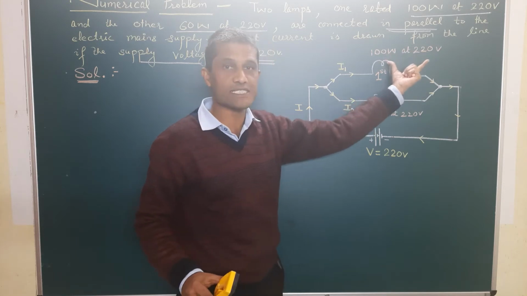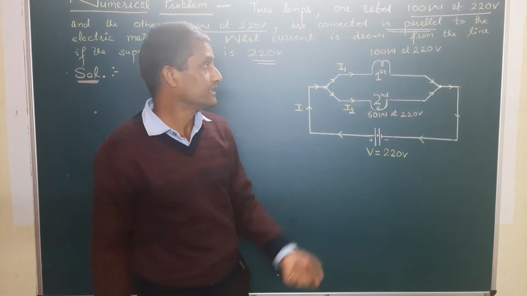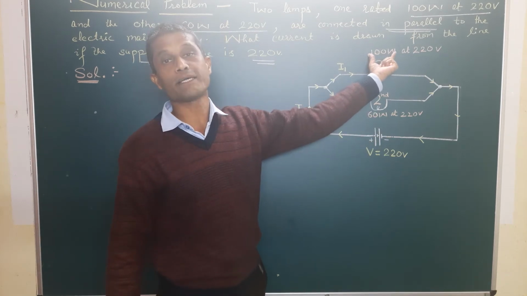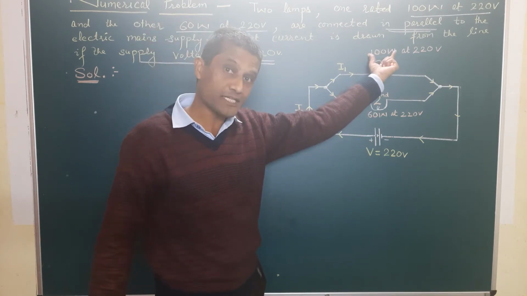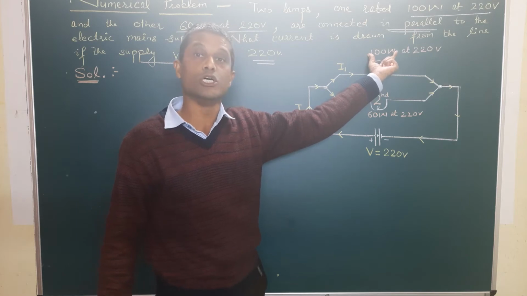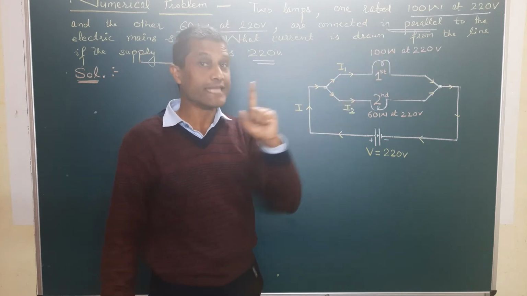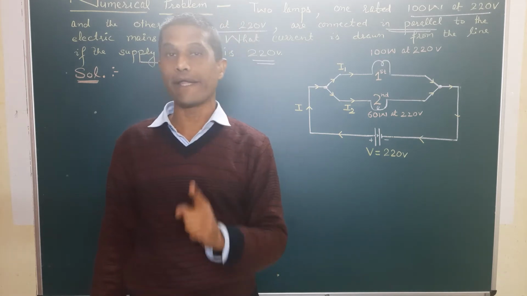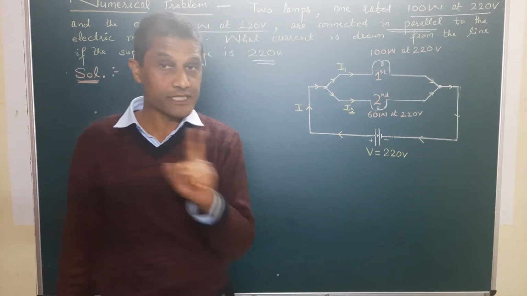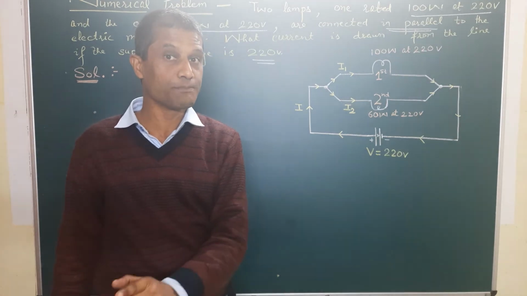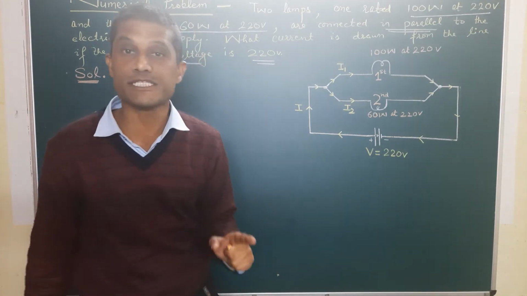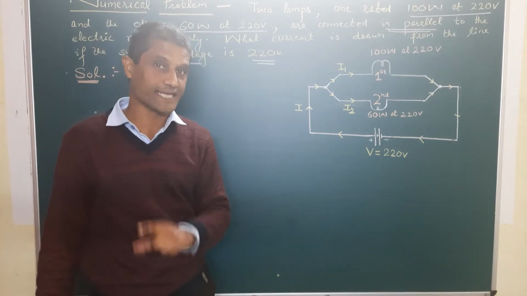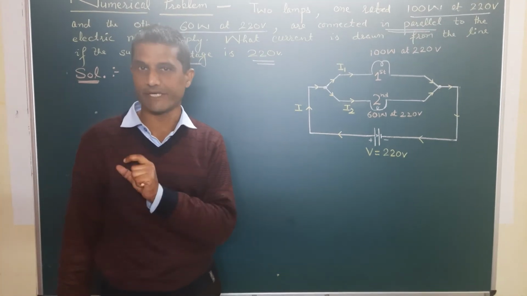It states that if and only if this 100 watt bulb is subjected to 220 volt potential difference, then it will release 100 joule of energy in 1 second. If it is not subjected to 220 volt, it will not release that much energy in 1 second.